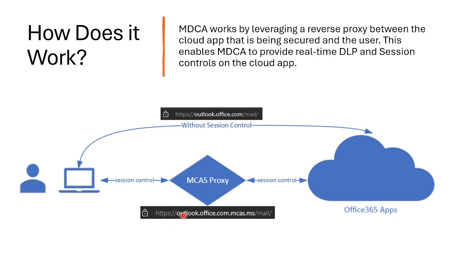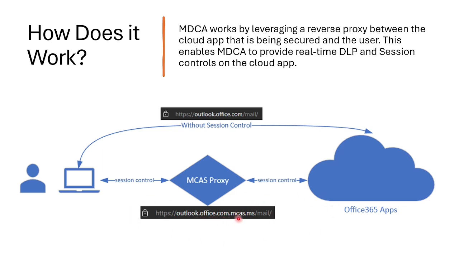Now, one thing to note here is that because MDCA, Defender for Cloud Apps, is using a Microsoft Cloud App Security proxy, the URL appears a bit different. Without MDCA conditional access app control applied on, let's say, Exchange Online, when you go to outlook.office.com, this is how the URL looks. But if you have enabled conditional access app control on top of Exchange Online or Outlook, whenever you try to navigate to outlook.office.com, it appears with this URL.